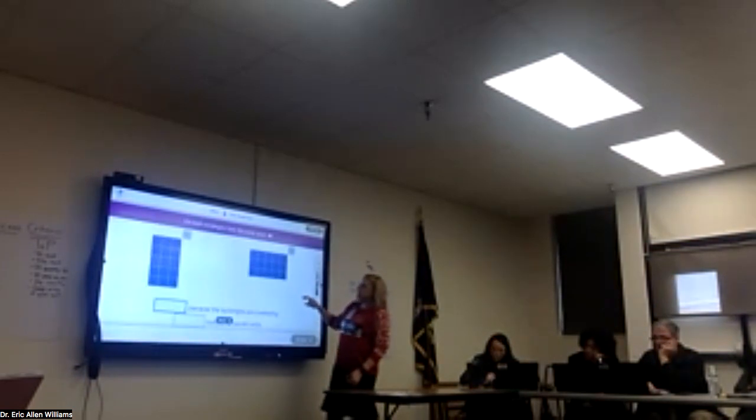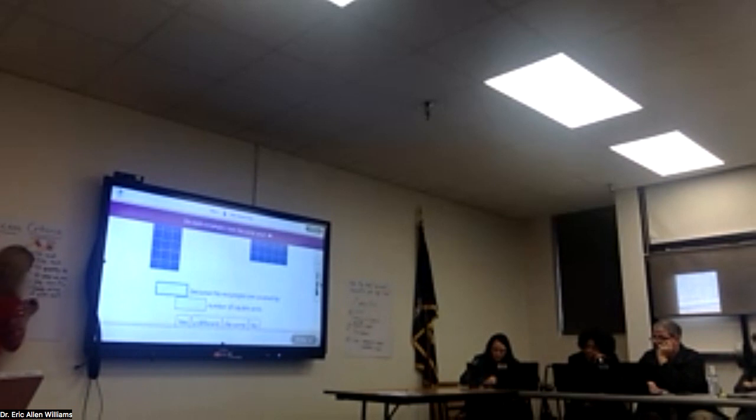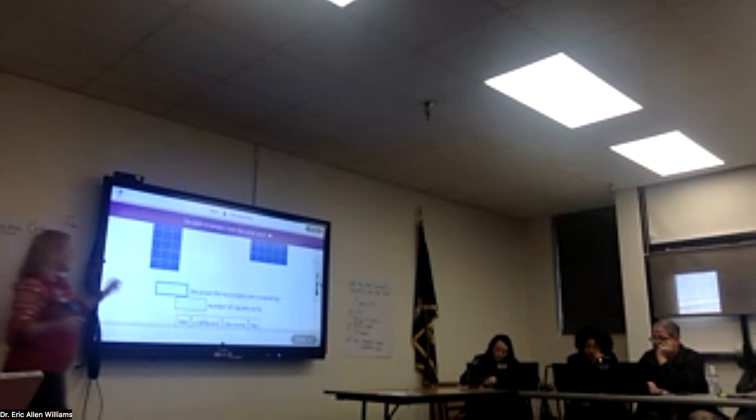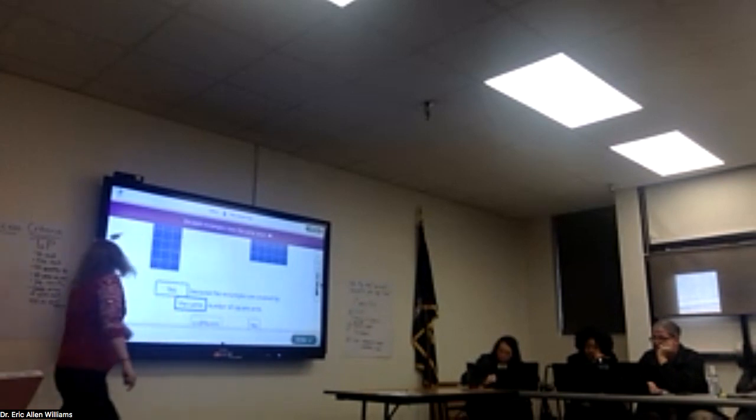Do they have the same area? What is it asking now? So then I'm also gonna put fill in sentence frames, because this will help me bring in the language. So, yes, both rectangles are covered by the same number of square units.